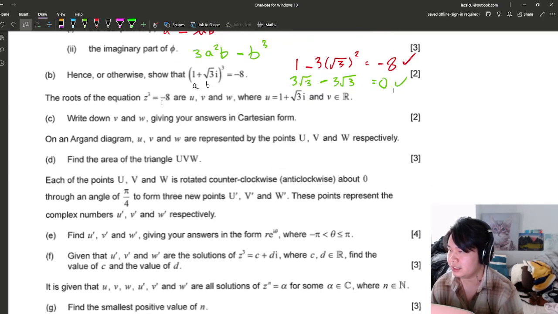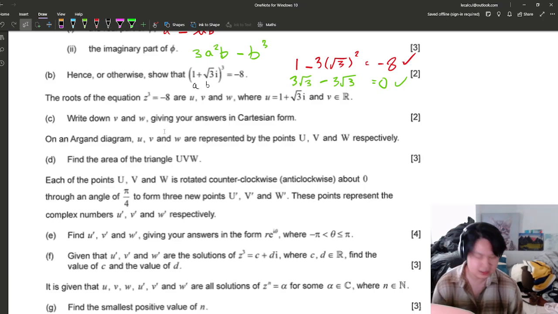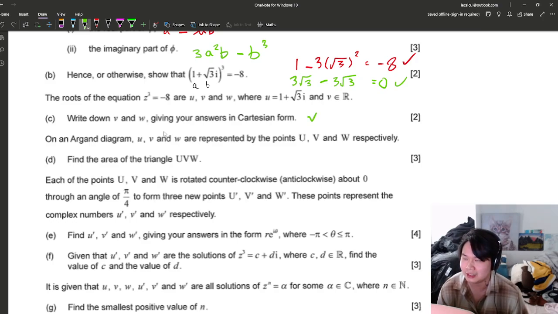Okay, we have the roots of the equation z cubed equals negative 8: u, v, and w. We already know u. They kind of gave us it, right? And then v is a real number. And then we need to find w, right? You're giving your answers in Cartesian form. Okay, v is the real number because you can take the cube root of -8, traditionally speaking, with real numbers.